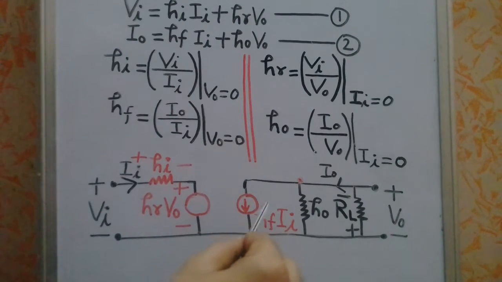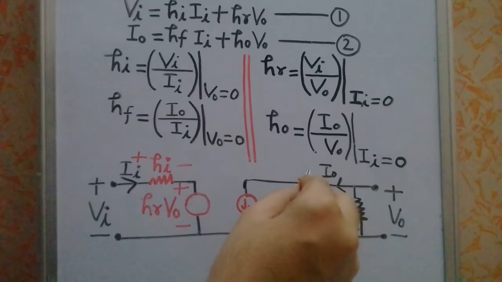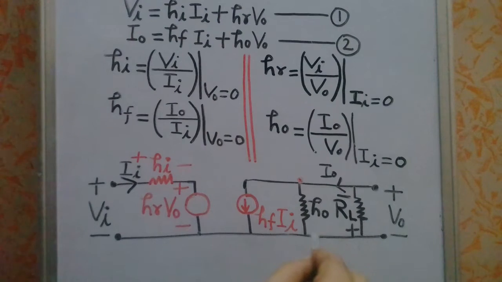So this is basically a dependent current source, whose current depends on the current which is flowing in this input impedance HI, right? So that's how, when you apply Kirchhoff's current law at this node, you will get IO is equal to HO into VO plus HF into II, right?